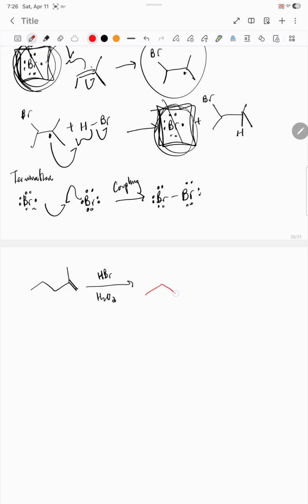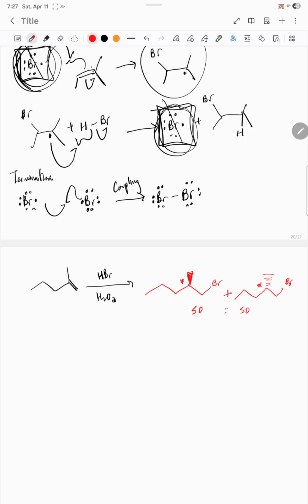Starting from the start: if we draw something like this, it will go anti-Markovnikov, that's correct, but this here is also a stereocenter, so we could form something like this, or we could form something like this, because it's racemic. These will be in 50-50 proportions.